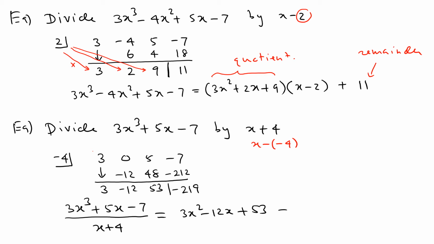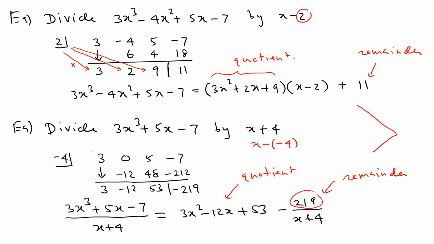You can write this as negative 219 over x plus 4, because it's the same thing. When you divide, you get the quotient and the remainder. This is the quotient, and this is only the remainder part, but we divide by the divisor and write it like that. So these are two different ways to write the answer.